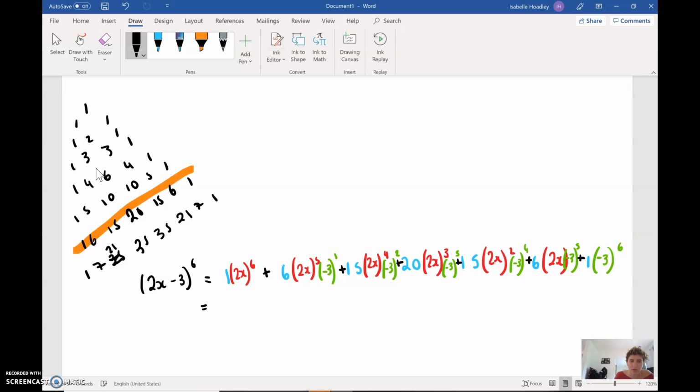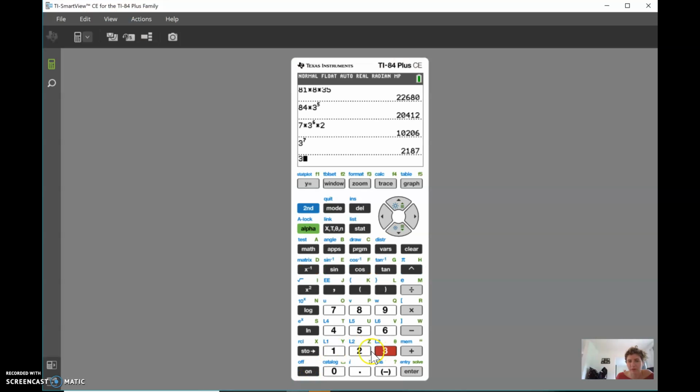Okay, so 2 to the power of 6 is 64, so we're going to take 64 x to the power of 6, that's our first term. We're then going to take 2 to the power of 5 is 32, 32 times 3, let's do this on the calculator, so we have 32 times negative 3 times 6.